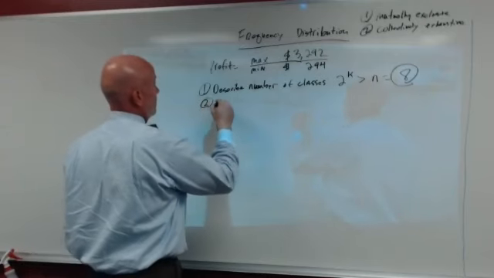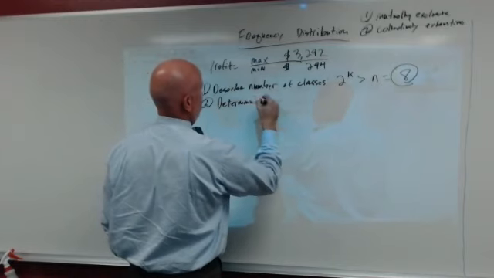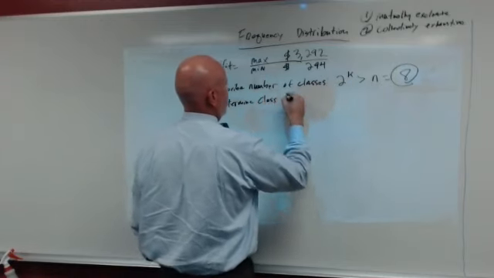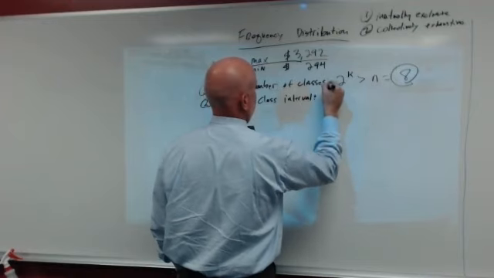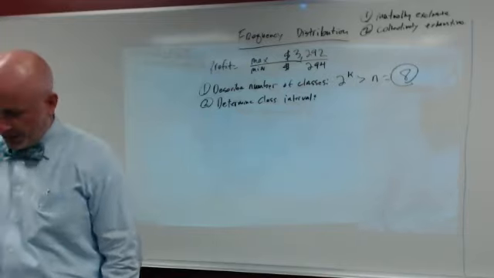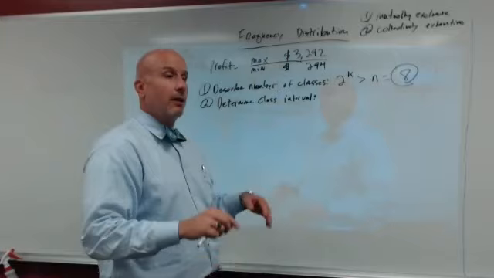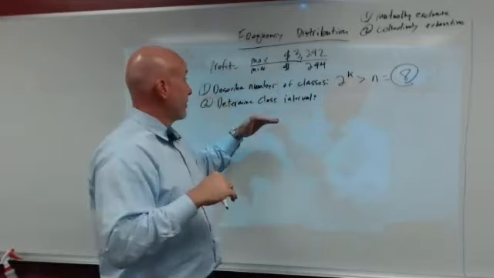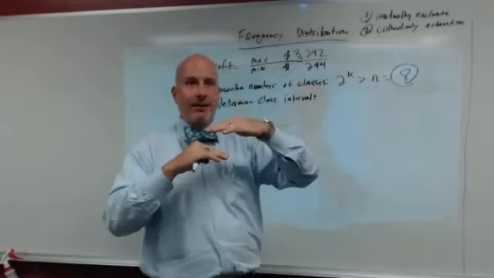Step 2. Determine the class interval. Generally, the class interval is the same for all classes. So whenever I set the interval of these 8 classes, it's going to be the same.